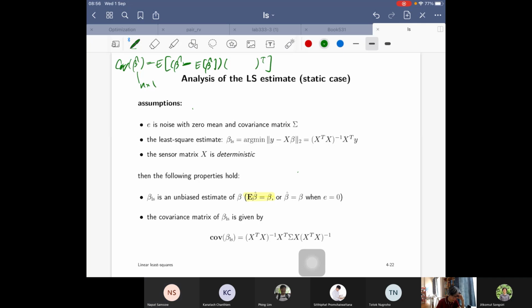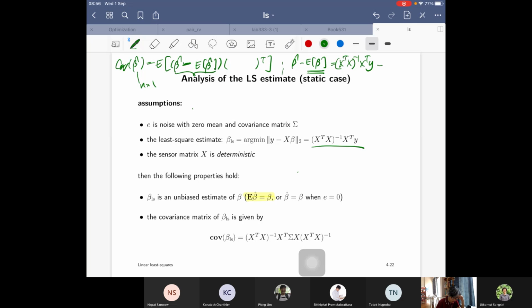Now I'm going to explore the deviation term first. Your beta hat by this expression is x transpose x inverse x transpose y, right? I give from this expression minus the mean.